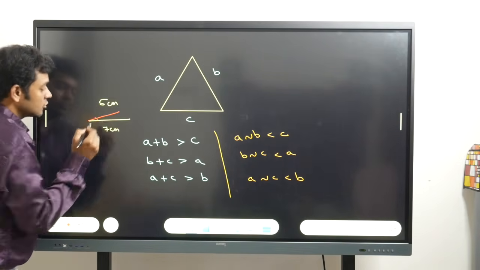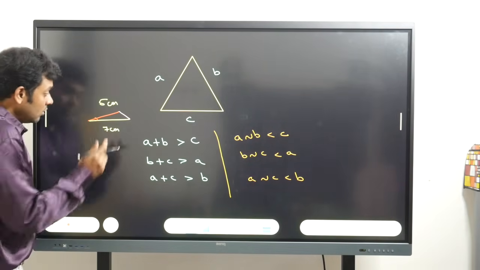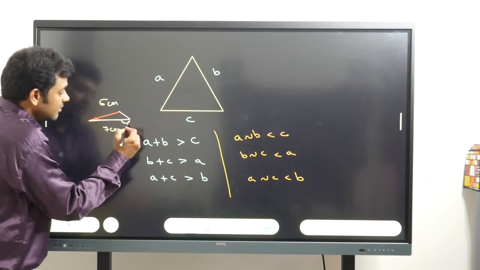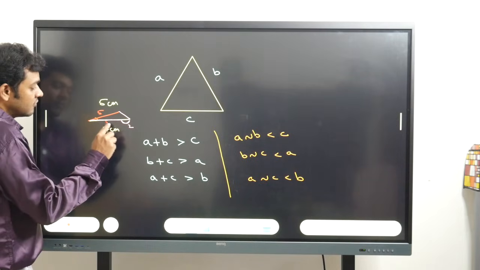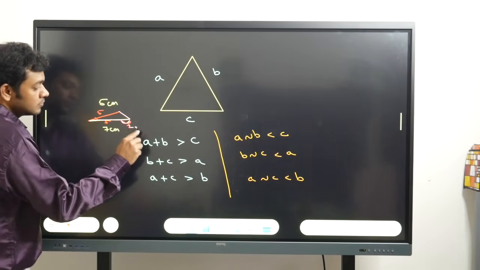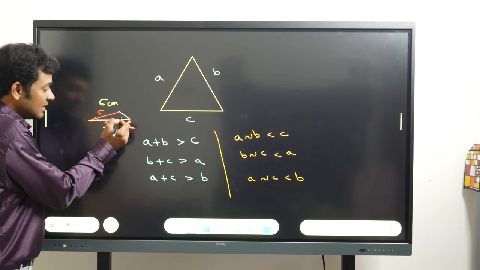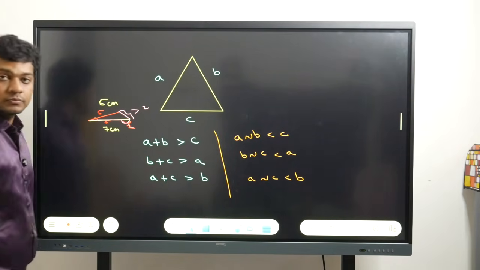So this can be a third side. When this is as close as possible, this portion is 2 centimeter: 5 plus 2 is the whole 7. Since I need some angle, this length will be slightly more, so it should definitely be more than 2.